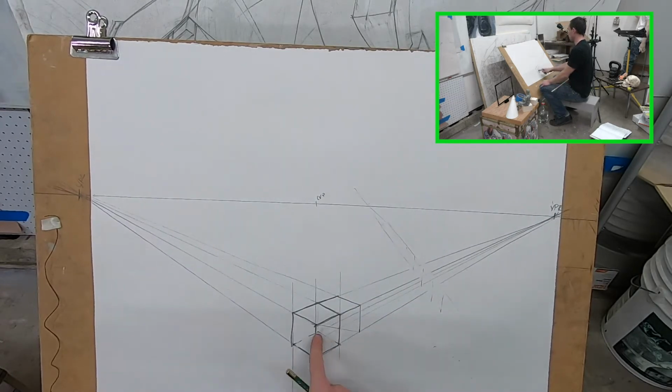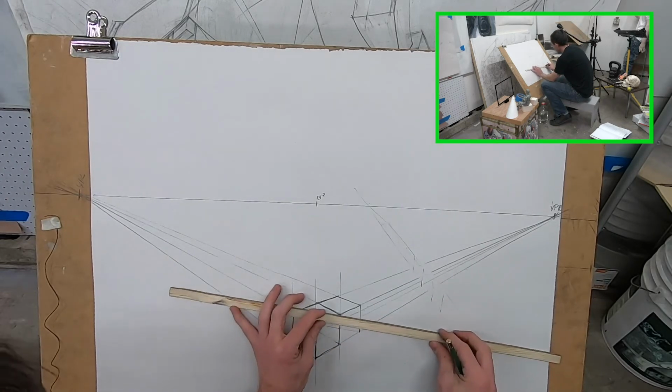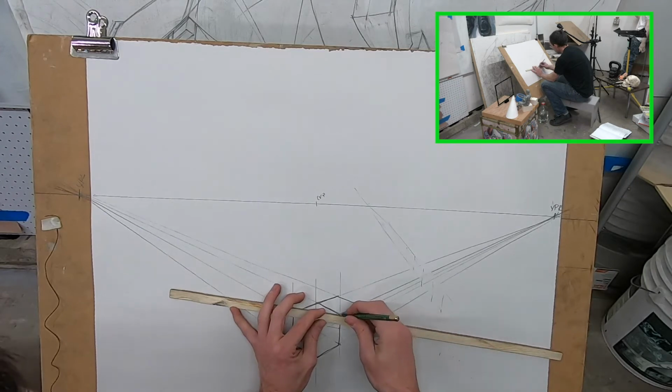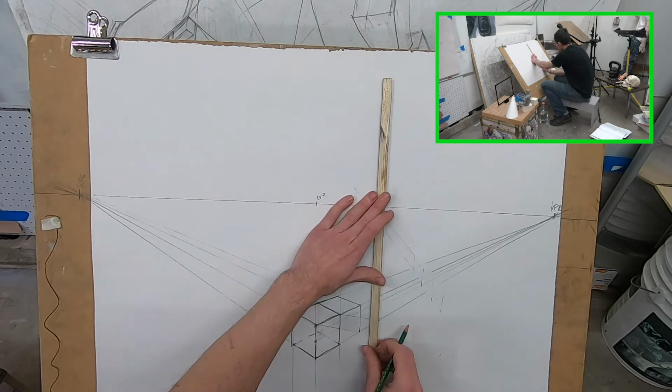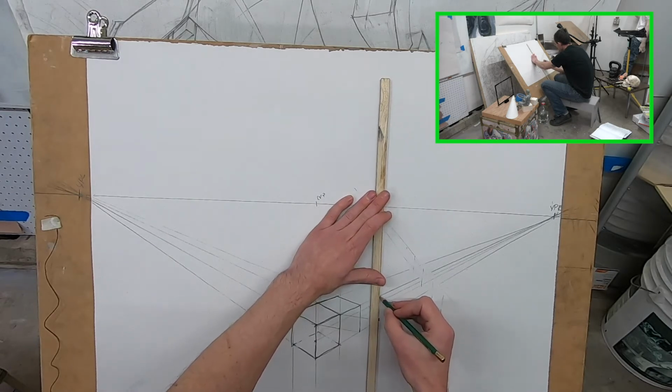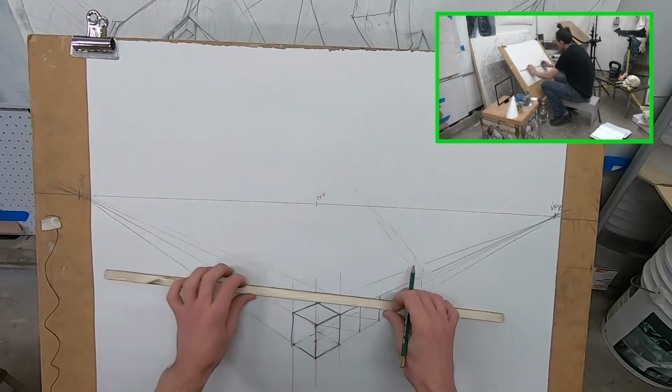So there we have cube multiplication using the fence post method. And you can just continue that as far back as you need. Vertical is just vertical.